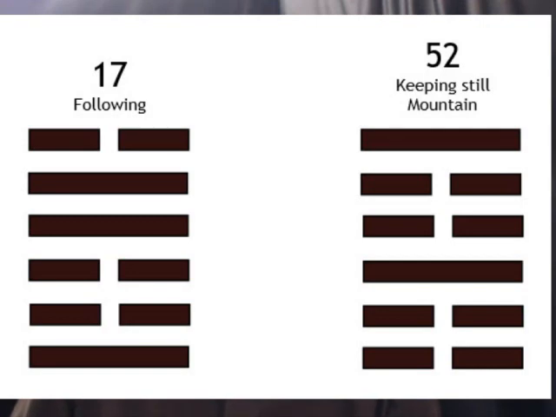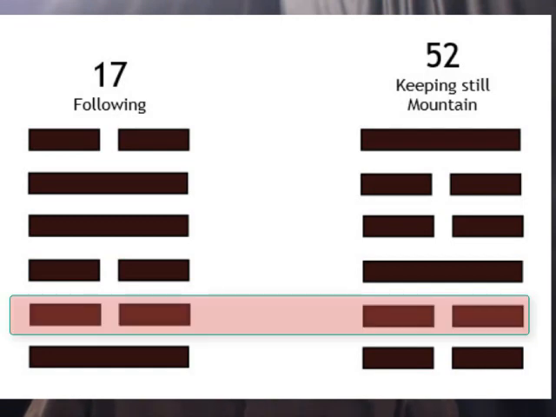We can easily see that the only line that did not change into its opposite was line number 2, the second one from the bottom, which means all the other lines were active and have to be read as part of the analysis or the comments or the judgment.